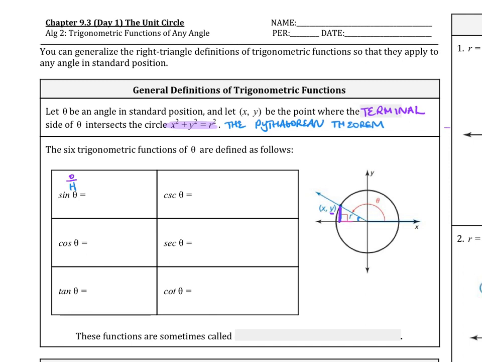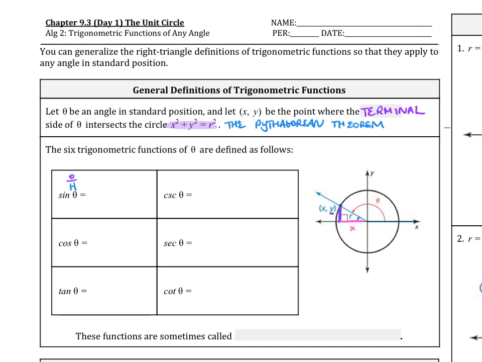Then this value down here is going to be our x. So if this is, for example, -2, we go left 2, so that's the length of x. And then say this is up 1, then that y value is 1. So (-2, 1), left 2, up 1.